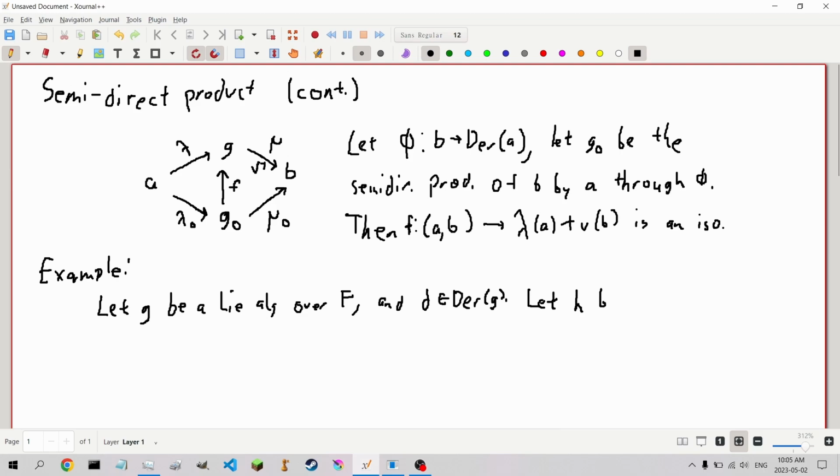We're going to let H be F as a commutative Lie algebra. And so, if you recall, a field can be a vector space over itself, where the sum is the sum of the field and the scalar product is just the product of the field.